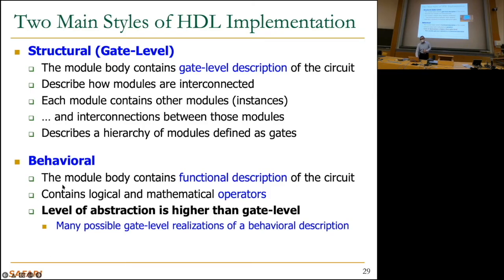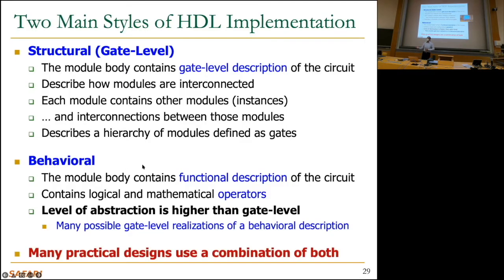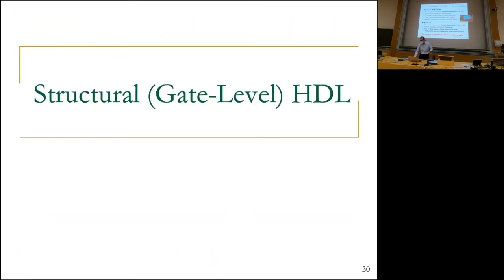So from that perspective, behavioral opens up a lot of possibilities for tools, but it may also make it difficult for the tools to find an optimal solution or a solution that the user really desires. So in the end, many practical designs actually use a combination of structural and behavioral Verilog. Okay, we'll see examples of this. If you don't understand exactly how this works, you will soon.